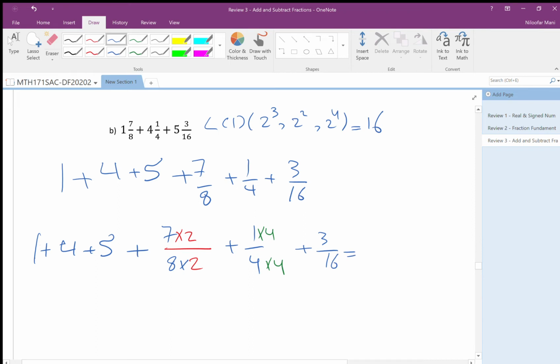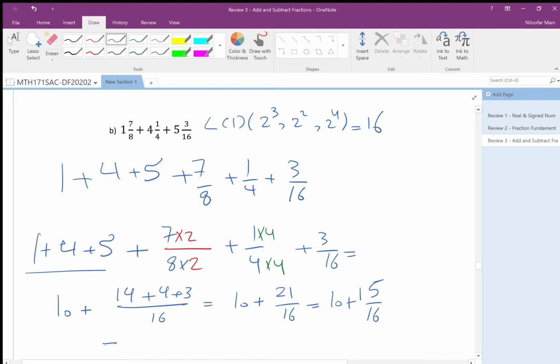So it is 10 plus 14 plus 4 plus 3 over 16, which is 10 plus 21 over 16. How many 16s do I have in 21? So it's 10 plus 1. What is left? 5 over 16, which is 11 and 5 over 16.